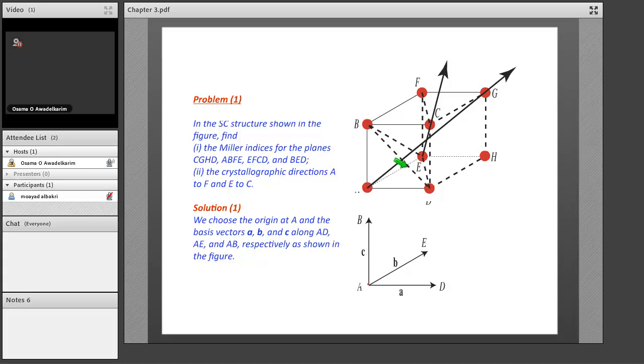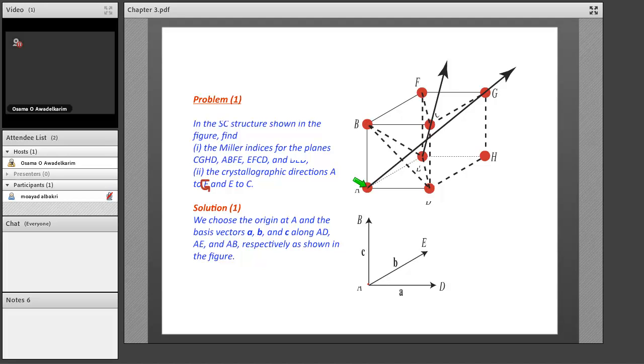So here we have E to C, right? But it's not A to F, it's A to G, actually. So let us call this A to G. We have to locate G, the position of G with A as an origin.